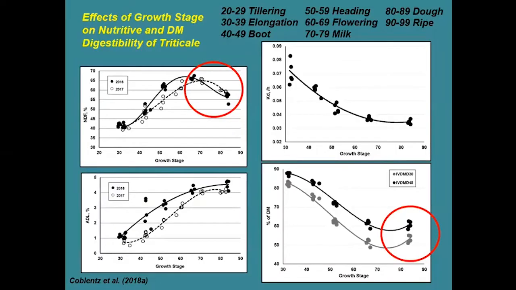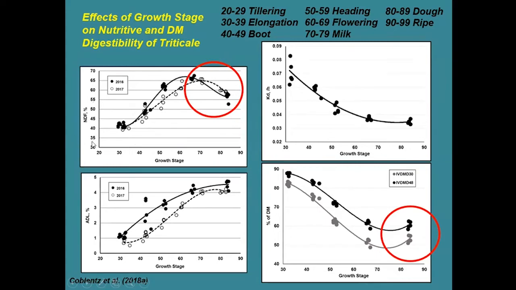Okay, if you want to look at the quality characteristics of these Triticale forages, and I should probably emphasize that I would expect that many of these trends are going to be similar, or the concepts will be similar if you're talking about wheat or barley or even rye to some degree.